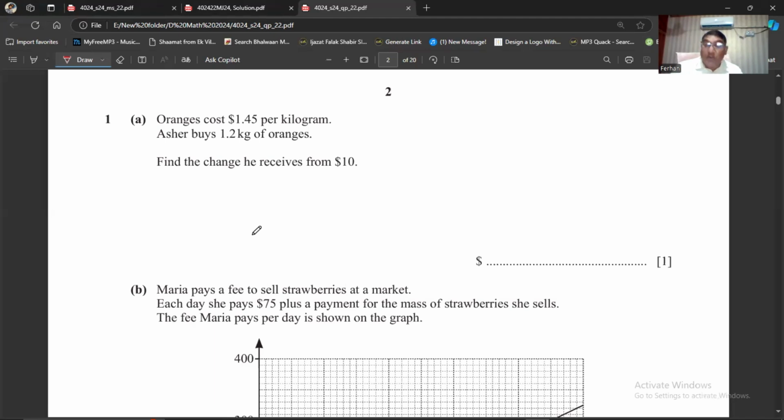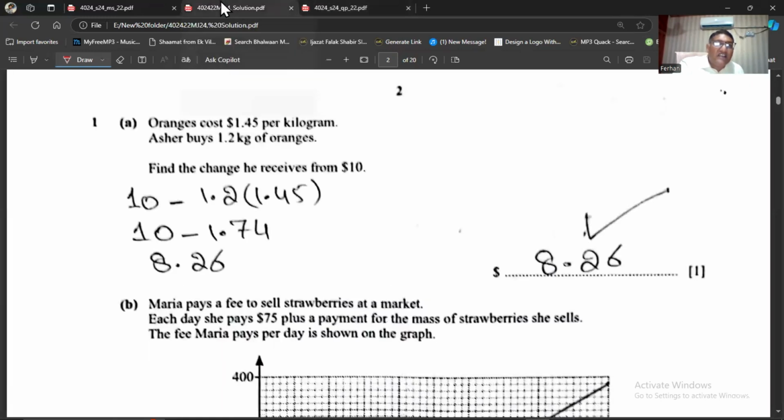So he bought 1.2 kg of oranges, at $1.45 per kilogram. So simply multiply 1.2 with 1.45, and you will get the cost of the oranges. Then subtract the cost from $10, and you will get how much change he will receive.